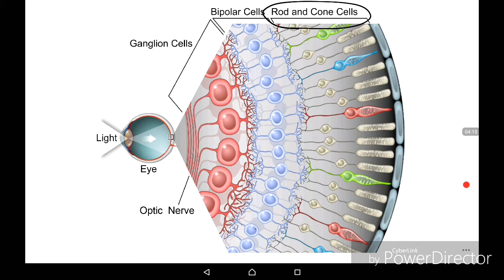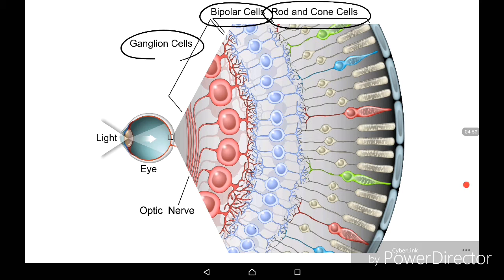Then we may see bipolar cells that connect one or several rods and cones with one ganglion cell, the red ganglion cell. And ganglion cells produce the optic nerve that carries the impulses to the brain cortex.